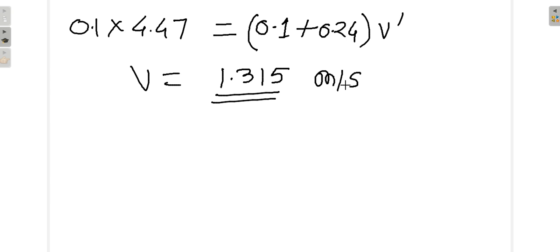Okay. Now under the influence of this velocity, the block is going to rise. The rod is going to rise. So now again we are going to use the principle of work and energy to find out the angle.